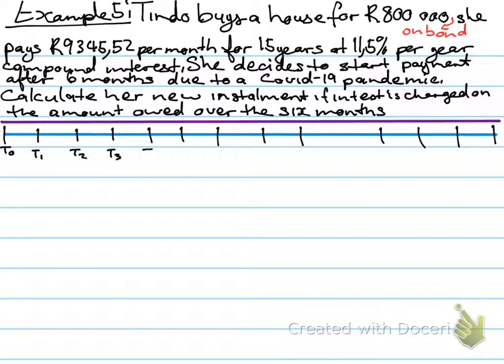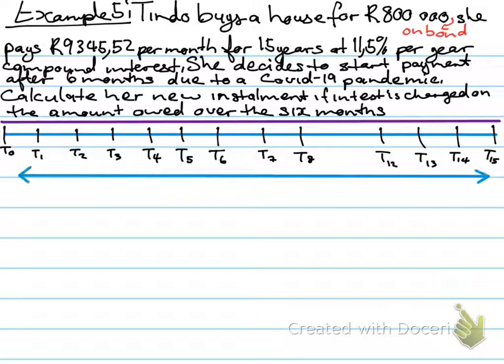So for the first 6 months, nothing is paid, and then payment would start from month 7 up until the 15th year. So which means this person has not applied for an extension of the loan. They will still calculate the installment for the given period up until the 15th year, not 15 months, sorry, 15th year. Can you see? So it's from the 7th month to the 15th year.